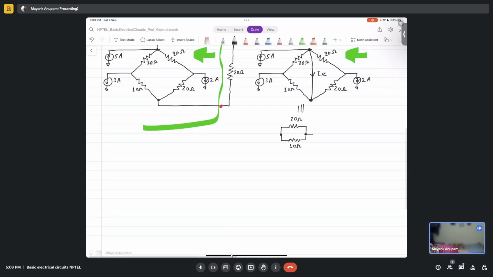At the junction of 30 and 10 we have this 3 ampere current source.